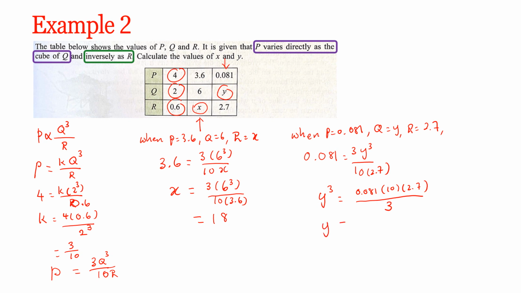When you remove the cube, the right hand side will become the cube root, and you will get y equal to 0.9. So you have found the value of s and the value of y.